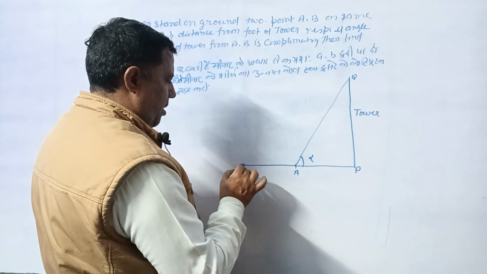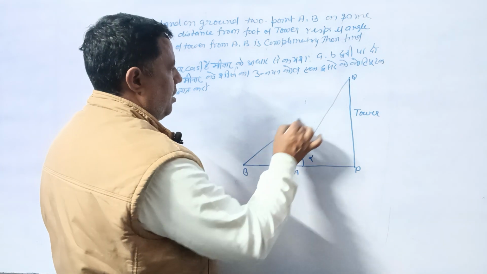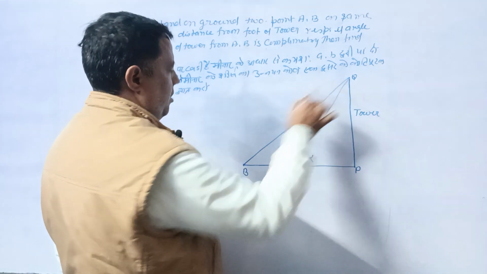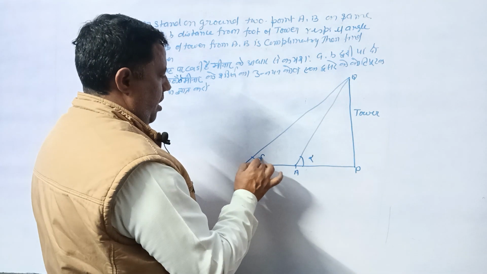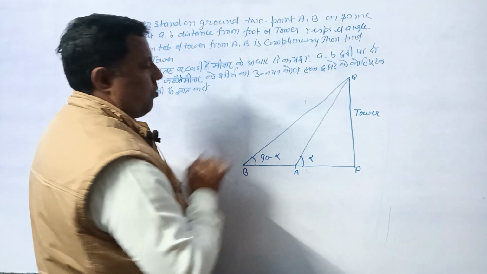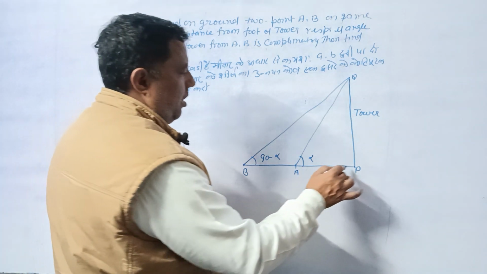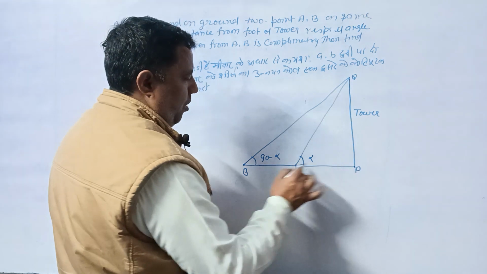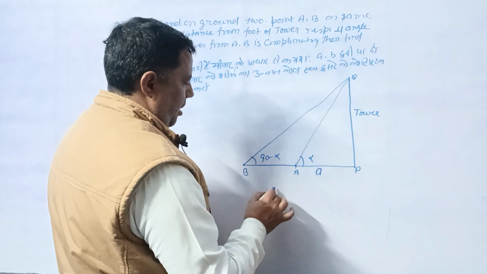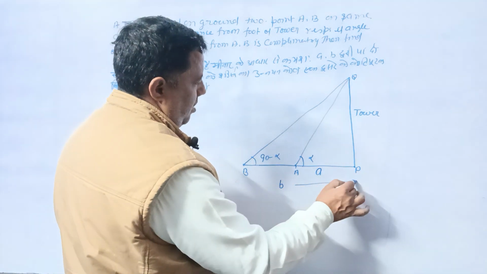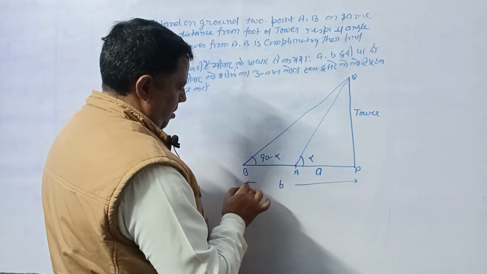Then the angle of elevation from here is beta, 90 minus alpha. Now the distance from the foot of the tower to point A is a and to point B is b.